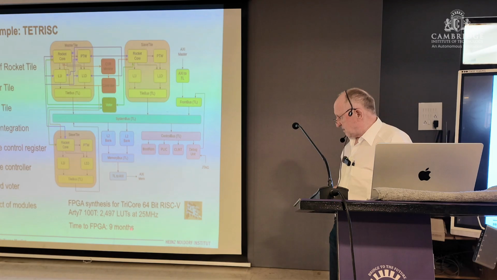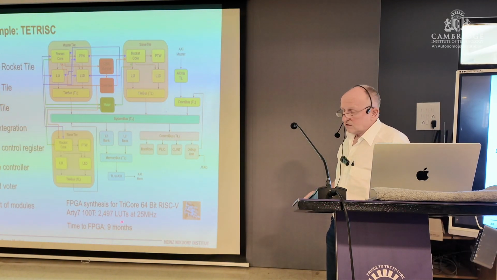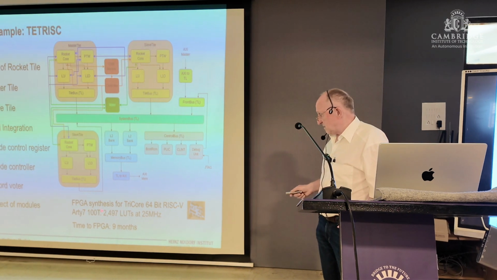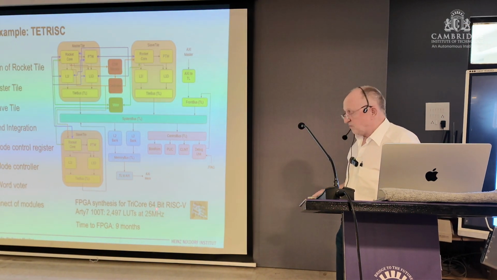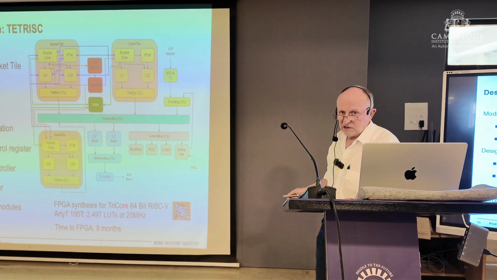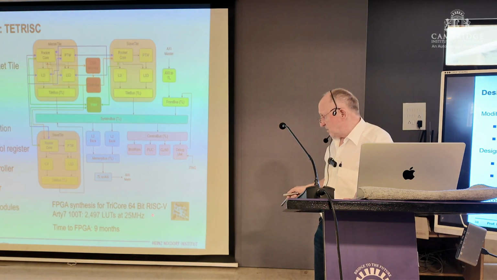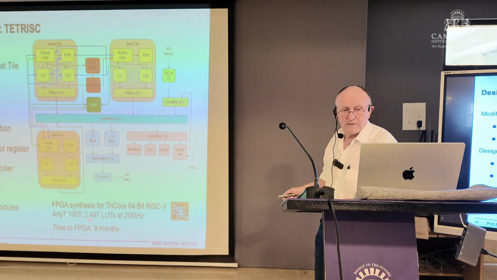This took us 9 months so far. So in contrast to the others, we already have an FPGA implementation now. Provided our chip flow has been implemented, we are very close to tape outs then.